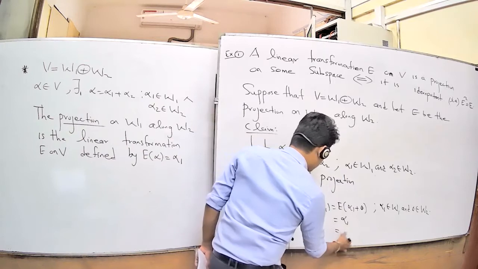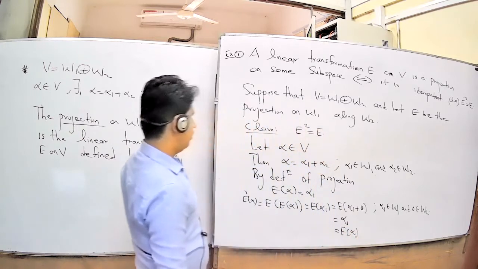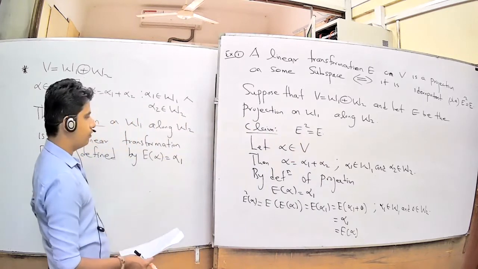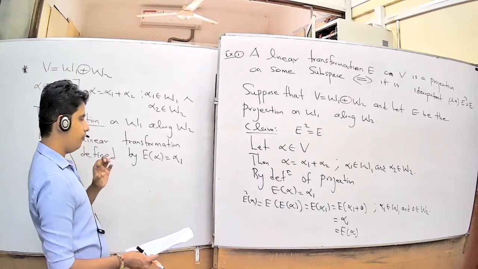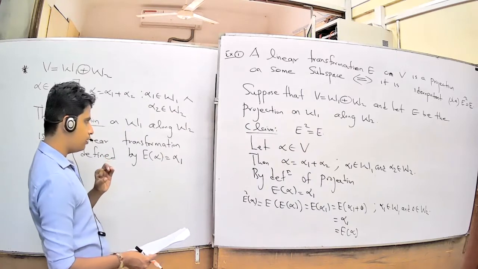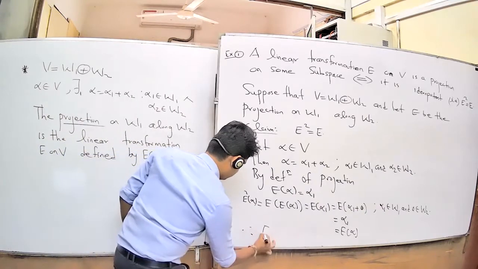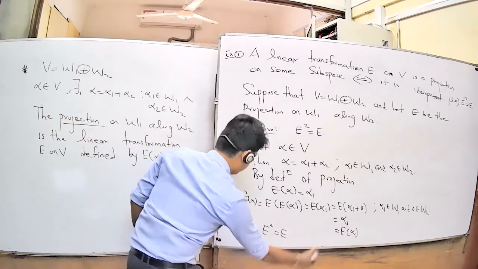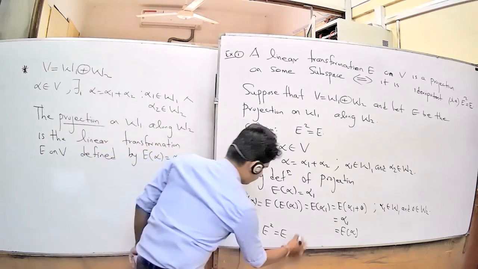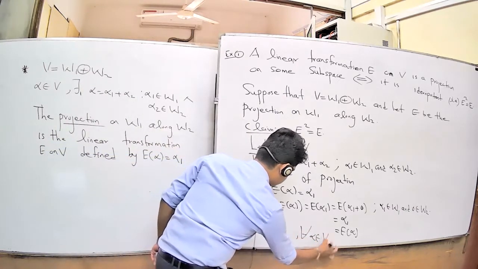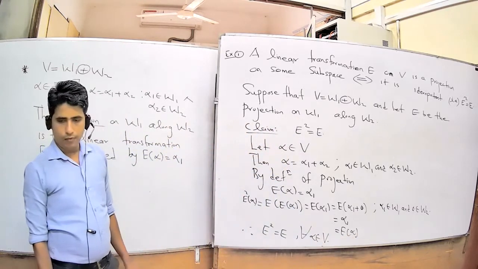Since alpha is an arbitrary vector, the result is true for all values in B. Therefore E squared equals E for all alpha belonging to B.